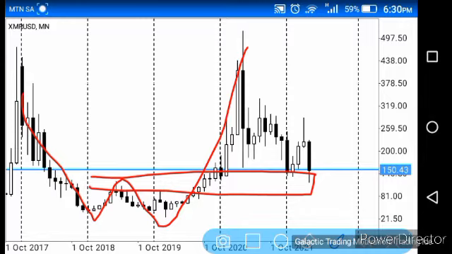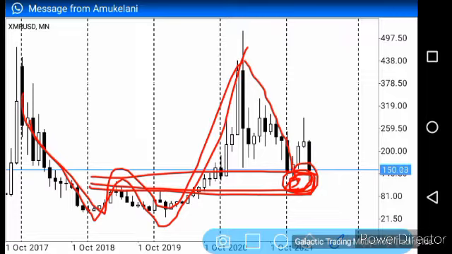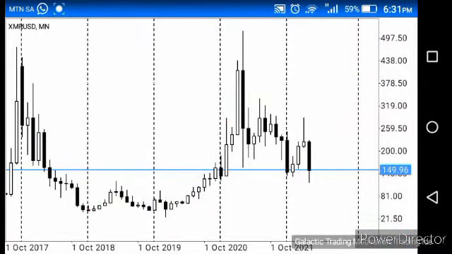What this tells me is that price is currently testing the neckline of this W structure as it came down to this level, right? And what we expect from here is for price to continue going up to complete that W structure.